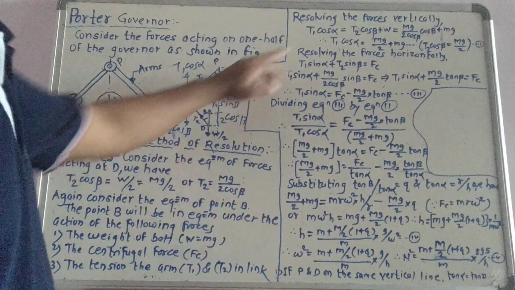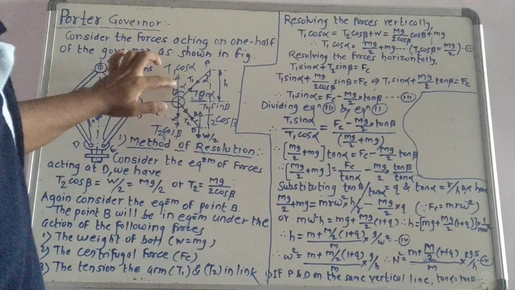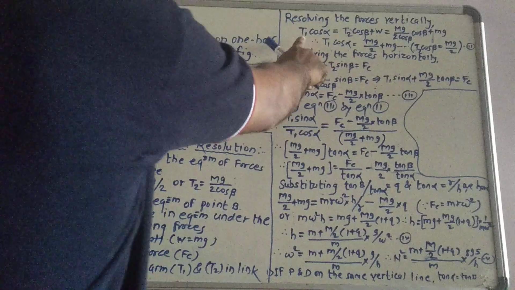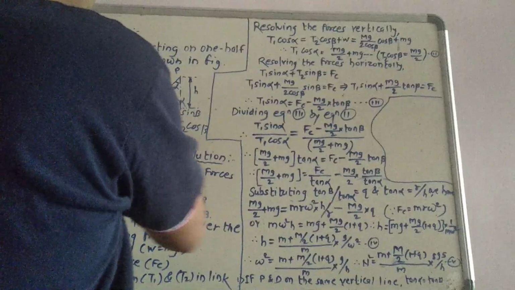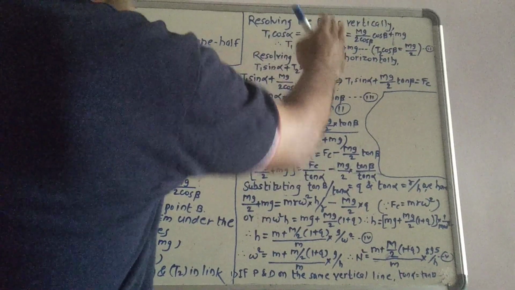Now focus only on the vertical forces. T1 cos alpha is in the vertical upward direction, that's why the plus sign is given for this one. These other forces are in downward direction, that's why written towards the right side of the equation.